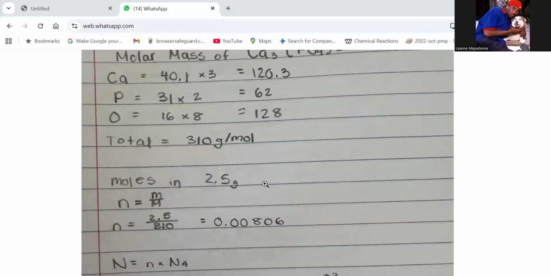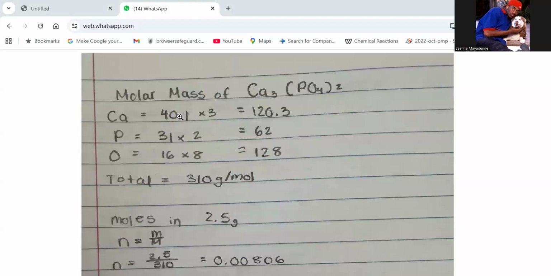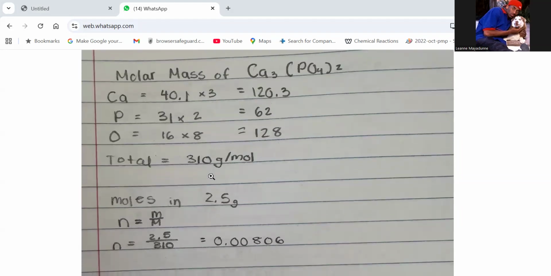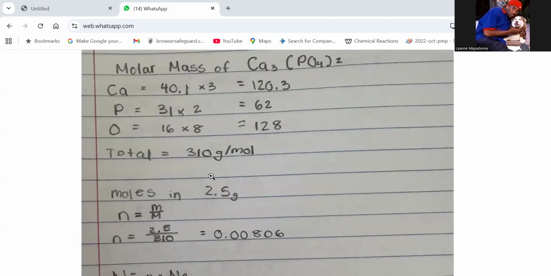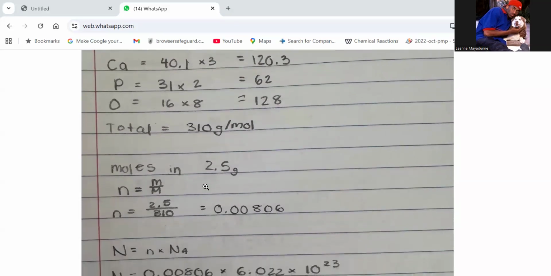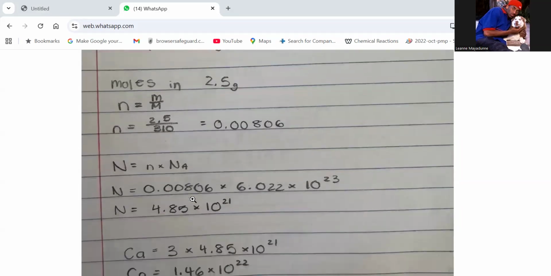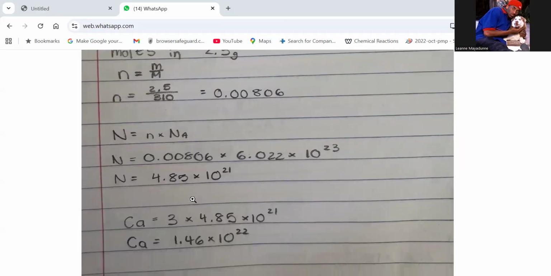Is it visible? Perfect. Yes, this is correct. Can you see the screen? Yes, I can. So this is correct. Moles, 2.5 grams, that's perfect. And N is n into NA. That's perfect. Here you need to mention molecules.